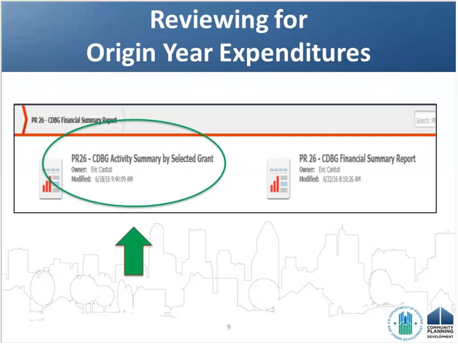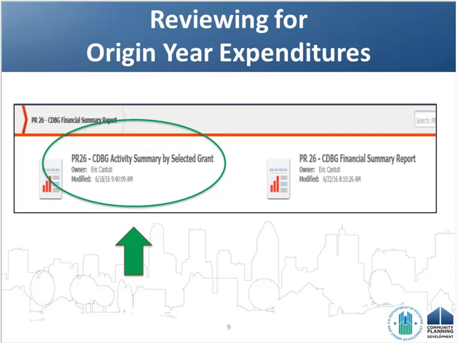In this screenshot of IDIS, when the grantee or HUD staff runs an IDIS report, you click on the PR26 Report tab, and you will see two reports listed under PR26. One is the PR26 CDBG Activity Summary by Selected Grant.